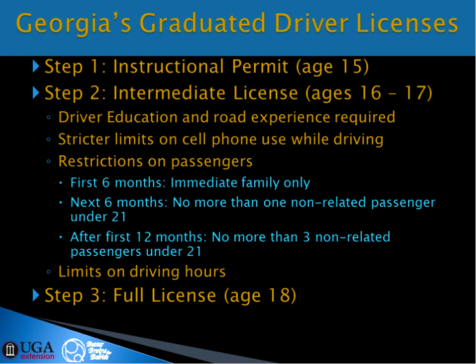And then if you still don't have an accident, you're able to get your full license at age 18. If you do have an accident, then your time for some of this intermediate licensing starts over again. There are also limits on driving hours. Teenagers are not allowed to drive after certain hours or before certain hours in the morning. Again, the risk is higher at night and earlier in the morning.